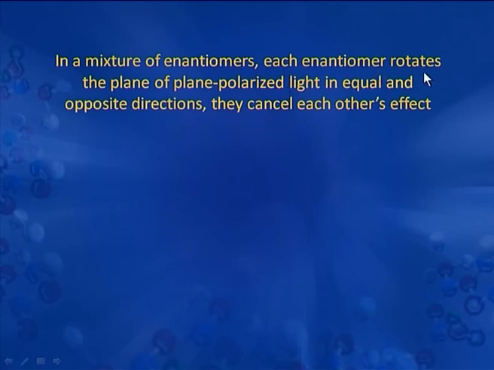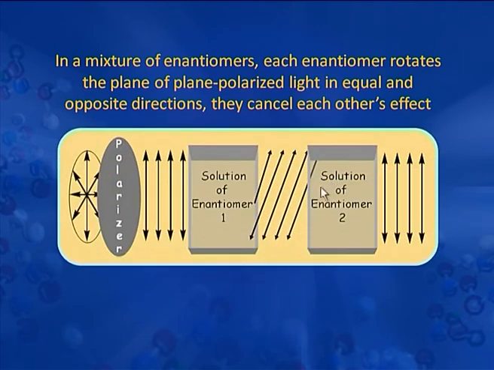The obvious reason is that each enantiomer rotates the plane of plane polarized light in equal and opposite direction, and they cancel each other's effect like this. Ordinary light passes through a polarizer and becomes plane polarized light. Let us say it is a solution of one compound; it rotates by some angle. A solution of the second enantiomer rotates this light by the same magnitude in the opposite direction. So, the net resultant will be just like our starting position. Actually, the two solutions are not kept separately.